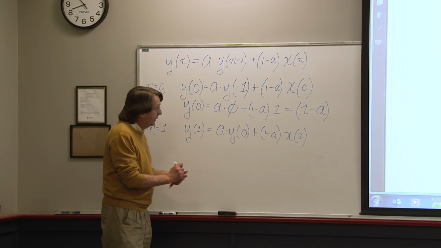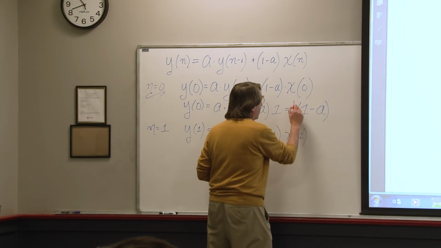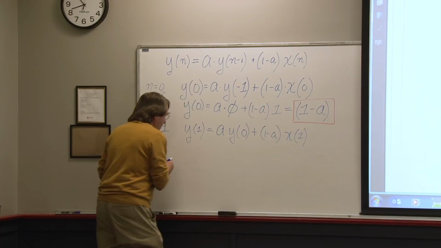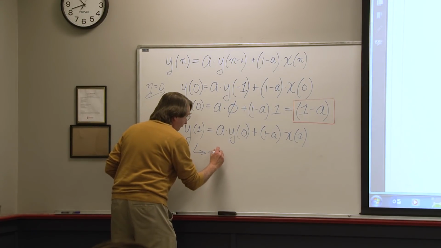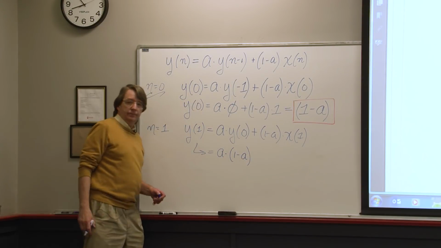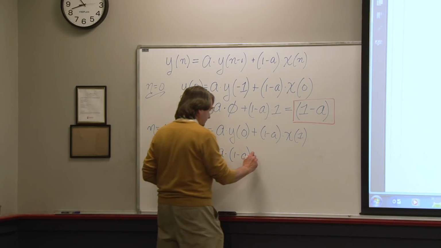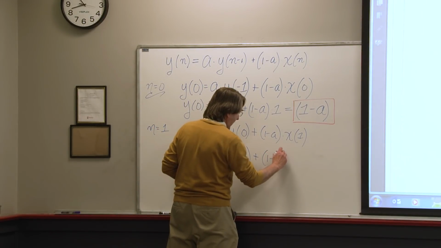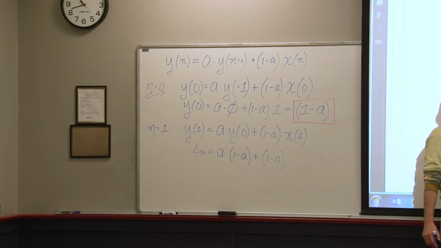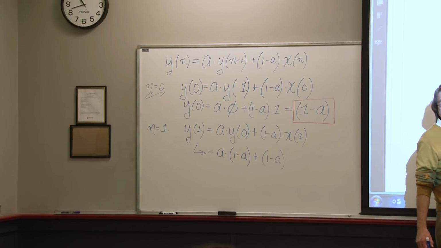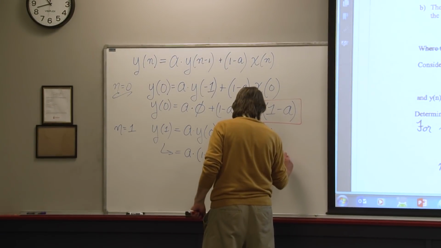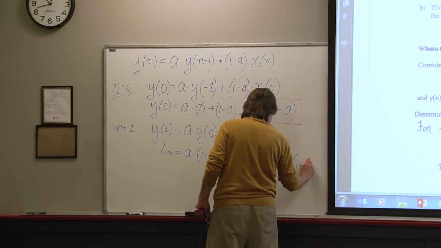I found y of 0. That's 1 minus a. So y of 1 equals a times 1 minus a plus 1 minus a times x of 1. What's x of 1? It's 0. The only time x is not 0 is when it's x of 0. So this becomes a times 1 minus a.